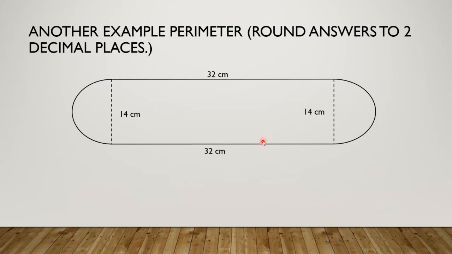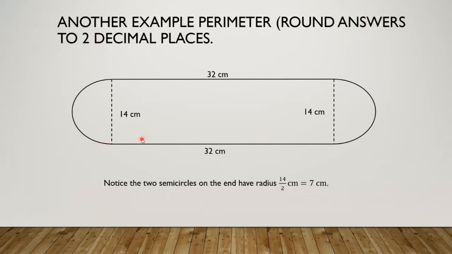I mean, really, you can probably tell the only hard part is figuring out the length of the semicircle, and the same thing on the other side. Hopefully you notice that the two semicircles here each come from a circle with diameter 14 centimeters.